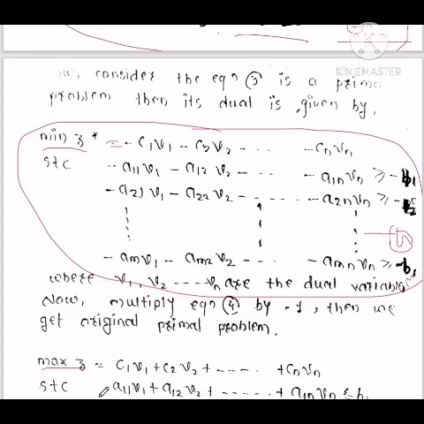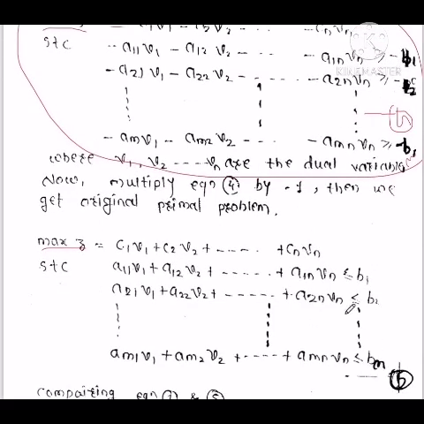Minimum z star equals minus maximum z star, or we can say that maximum z star equals minus minimum z star. So this can be written as maximum z equal to minus 1 multiplied by this term, so this will become the whole positive term C1 V1 plus C2 V2 and so on Cn Vn, subject to constraints. The whole term will become positive: A11 V1 plus A12 V2 and so on, and the sign will become less than or equal to B1.